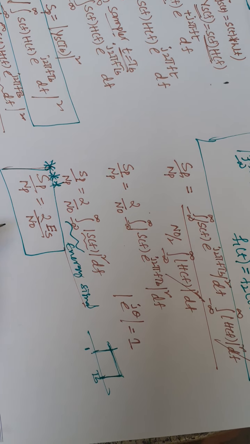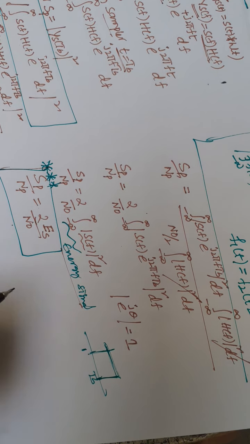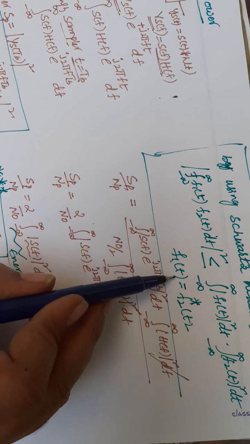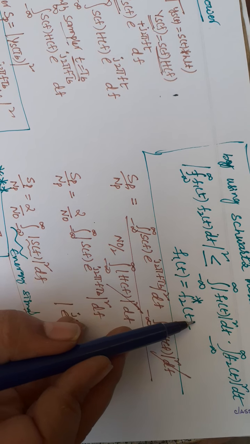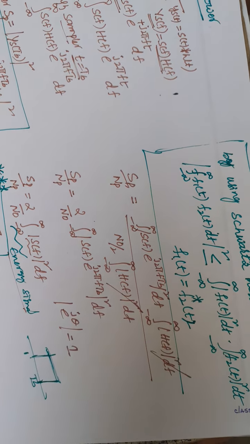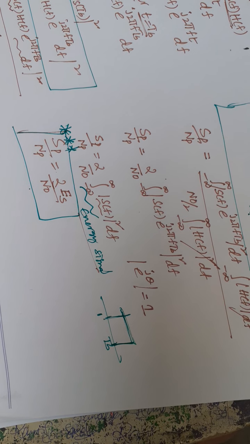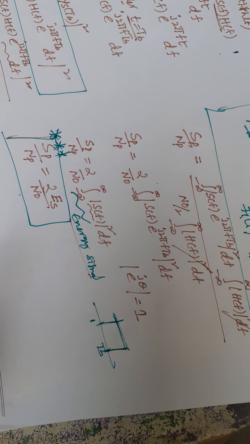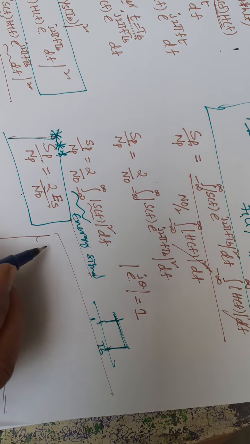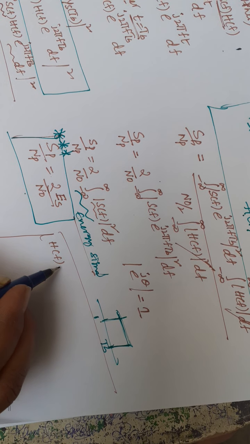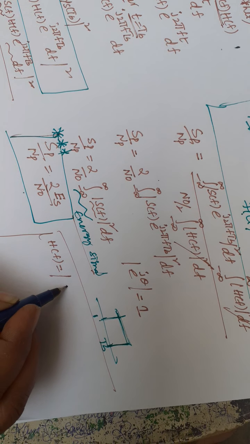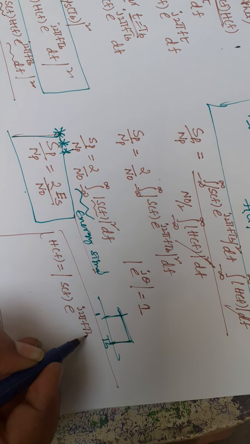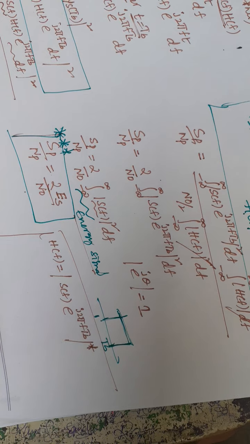Now this is possible only when f1(t) is equal to the complex conjugate of f2(t). Similarly here also, this is possible only when H(f) is equal to the complex conjugate of S(f) e^(j2πfTb).